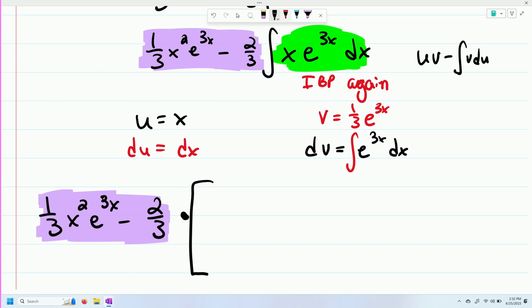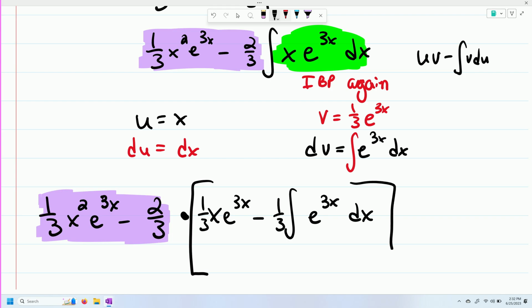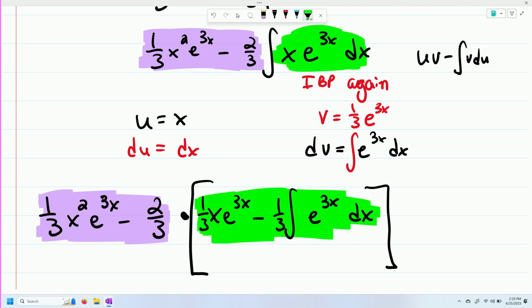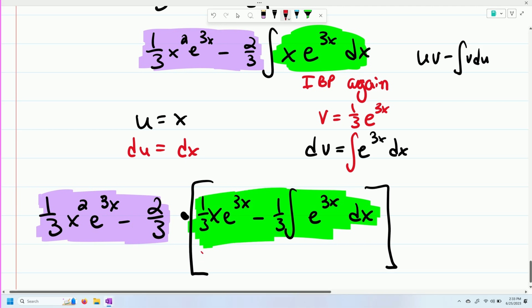So it's going to be uv, so x, and then v is 1/3 e to the 3x. So I'm going to put a 1/3 out front, e to the 3x, minus the integral of v, so that's going to be 1/3 out front, e to the 3x, du is dx. Whew. So getting this out, this right here is my second integration by parts.